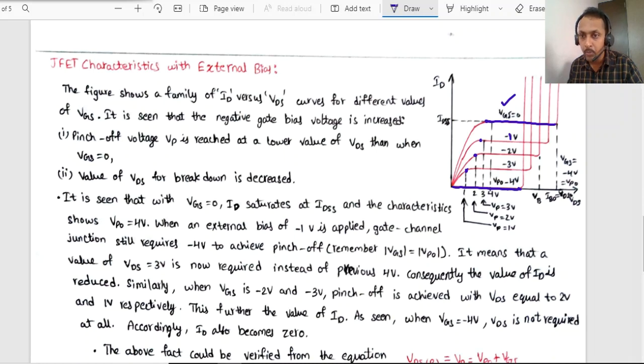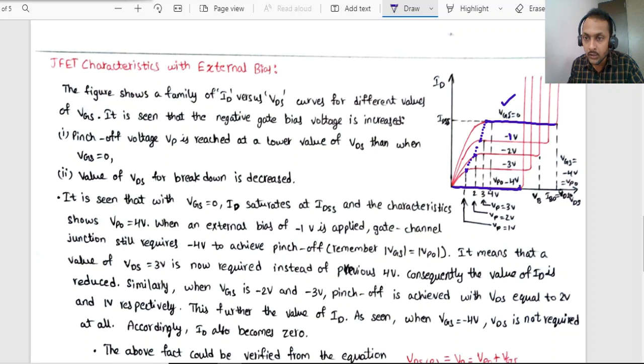Like this you are making it more and more negative, and you can observe this point is coming down. The pinch off voltage is coming down, and also the drain current magnitude is coming down. At some particular value of VGS, you can observe the drain current is almost 0.